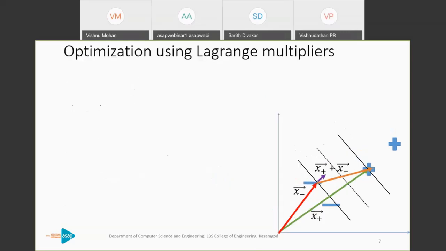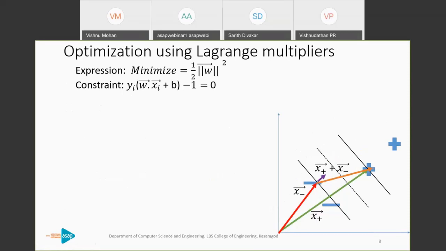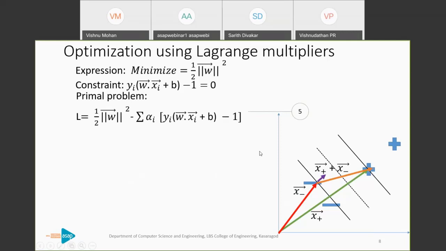Let us formulate the Lagrange multipliers now. So we already have our expression to minimize, and we already have our constraint over here. So I'm going to write the Lagrange over here. So this is the term that you have to minimize. You have to minimize half of the norm square. And I'm writing the constraint over here.